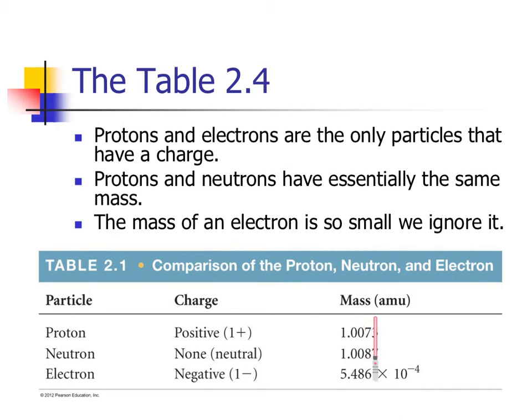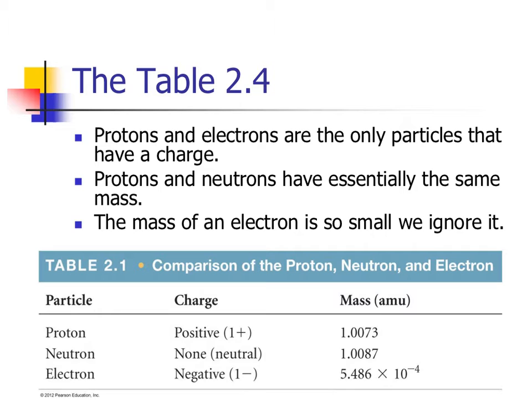So when we look at, say, the atomic mass of hydrogen, you would see it's very close to 1, almost the atomic mass of a proton.